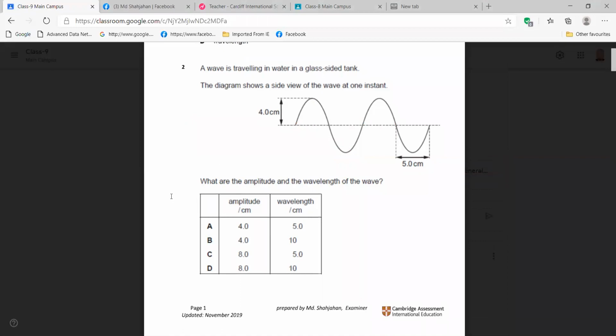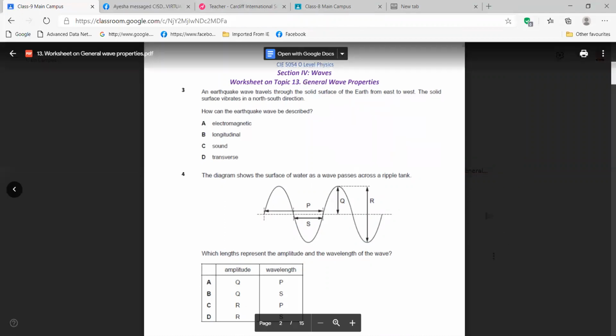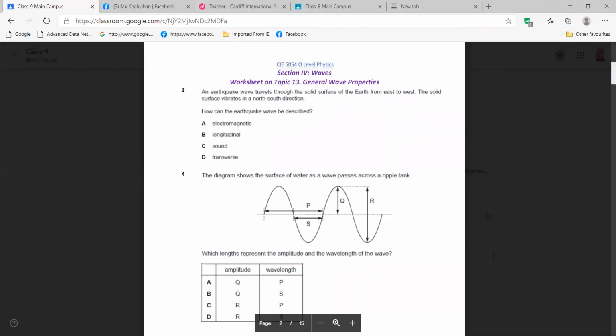Inshallah, you can do. Okay, now question number 3. Question number 3, Kazi Farabi. Kazi Abdullah Farabi. Hello, Farabi is there? Hello, Farabi.